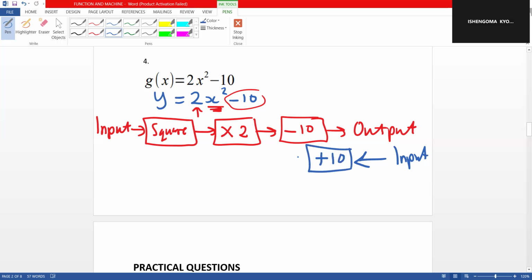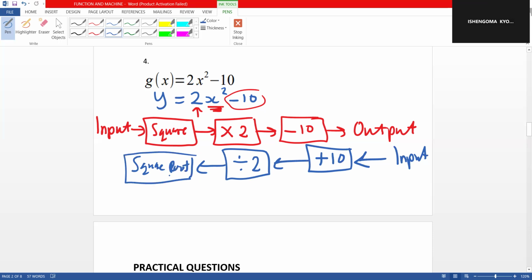Then, before that we multiplied by 2, so when I do the reverse, I will divide by 2. Then, the first act was square, but because I'm doing the reverse, I will do the square root, because the reverse of a square is a square root. So this is how I can do the reverse.